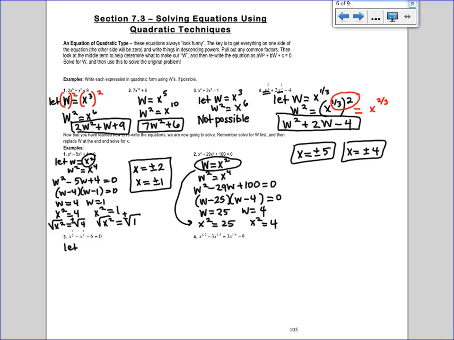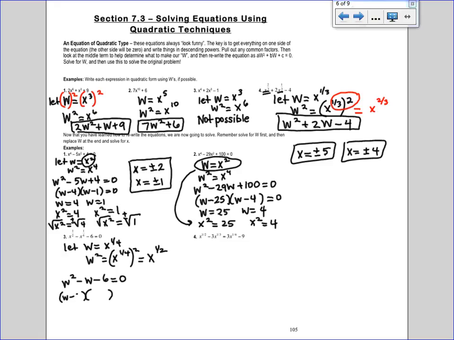Next one, we'll let w equal x to the 1/4. So when I square both sides, I get x to the 1/4, all of that squared. So it's x to the 2/4, which is x to the 1/2. Okay, that's exactly what I wanted, because now it's w squared minus w minus 6 equals 0. That does factor.